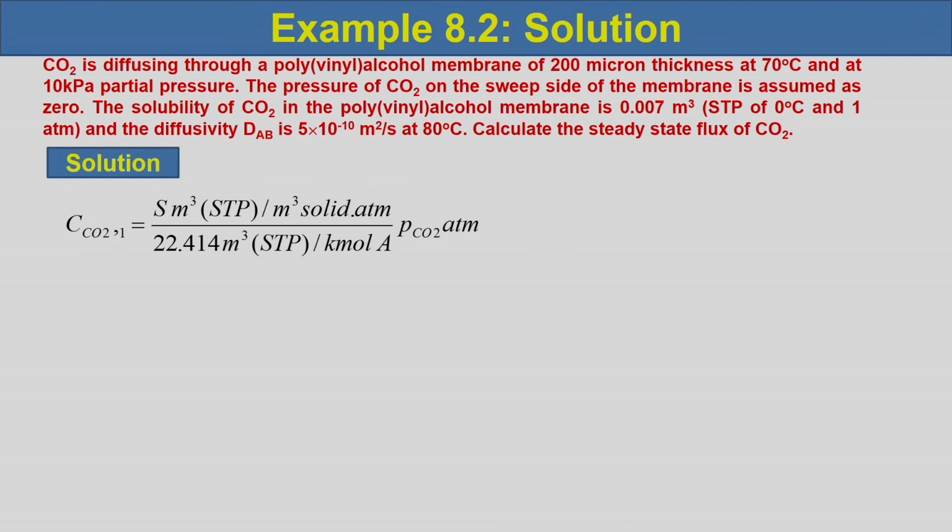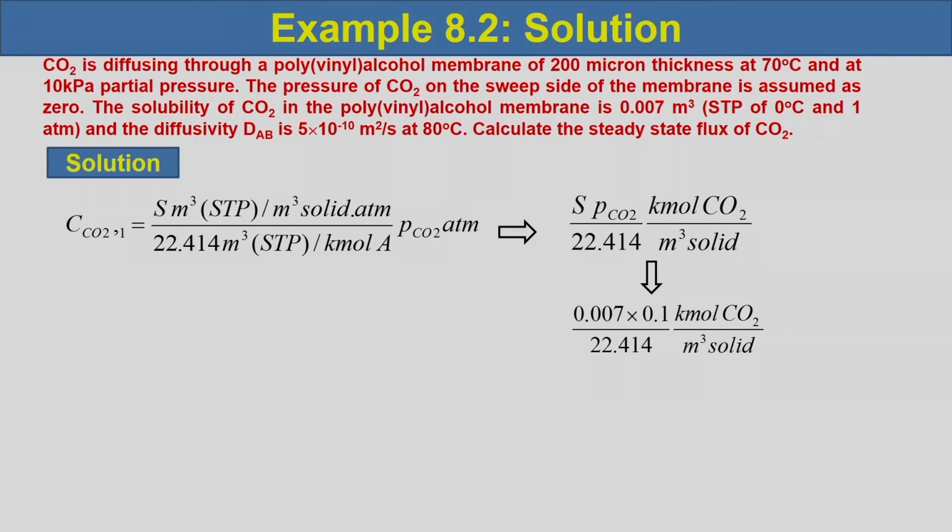So, we can write C carbon dioxide, that is the concentration of carbon dioxide at side 1, is equal to S (meter cube STP by meter cube solid into atmosphere) divided by 22.414 (meter cube STP per kilomole A) into PCO2 atmosphere.